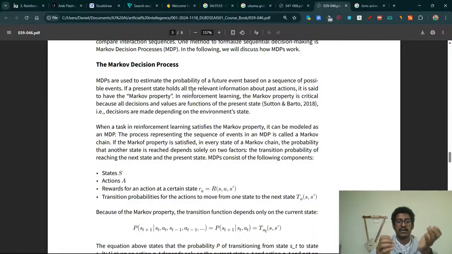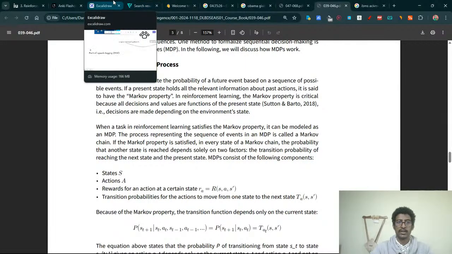If the present state holds all relevant information about the past actions, it is said to have the Markov property. In reinforcement learning, the Markov property is critical because all decisions and values are a function of the present state. So decisions are made depending on the environment's state, and that's how they transition.